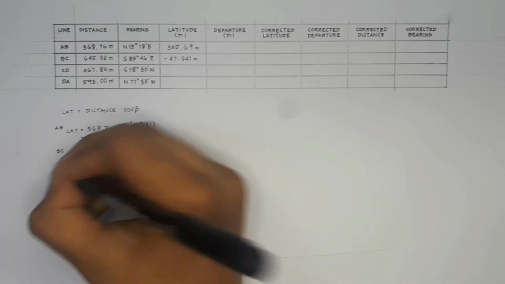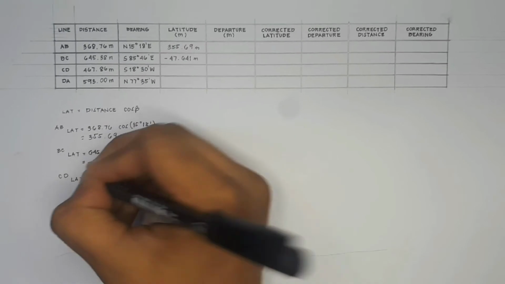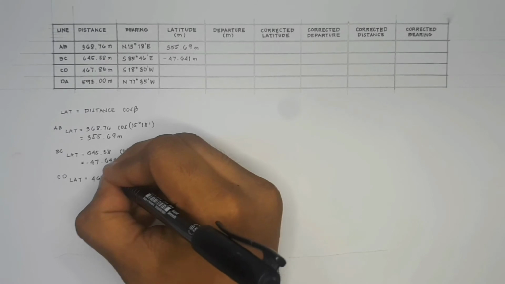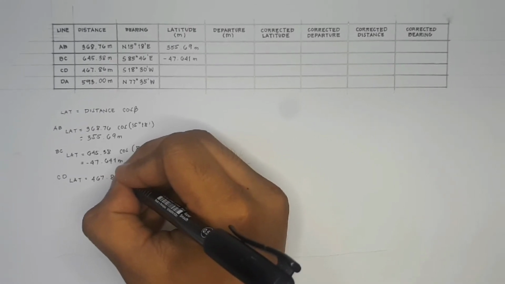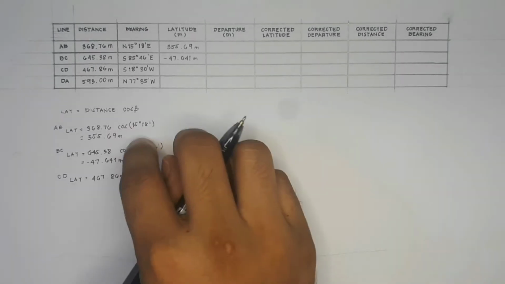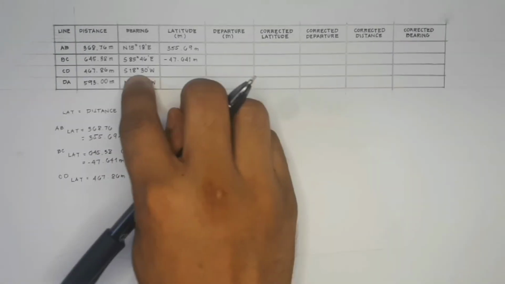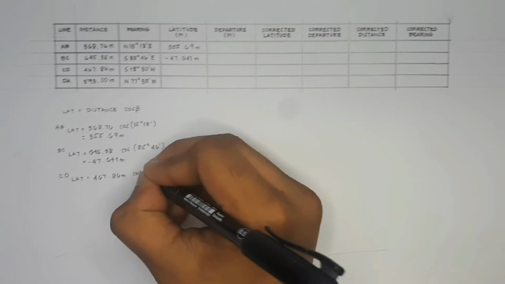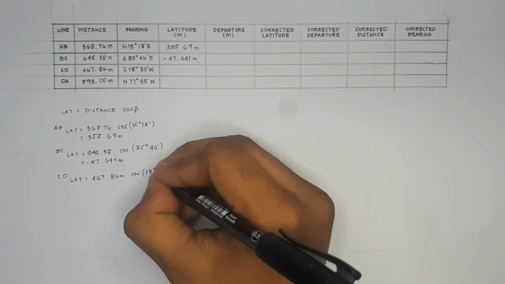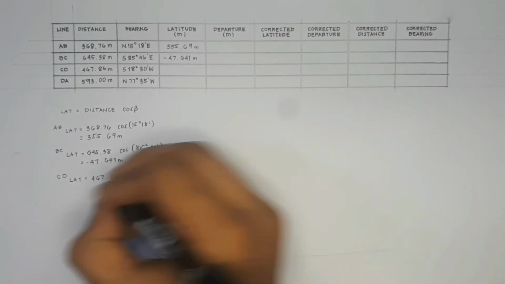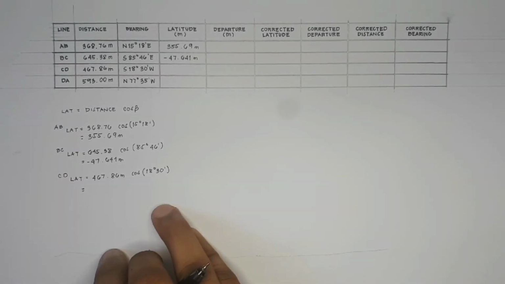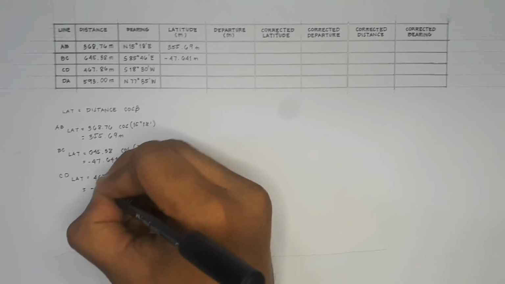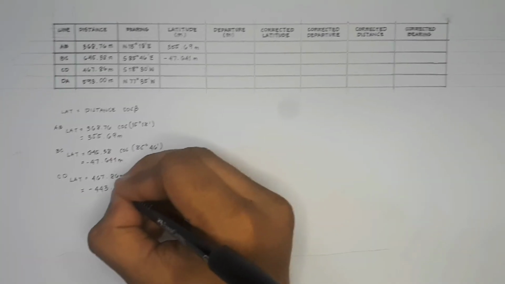Next we have line CD. So the latitude is equal to the distance, which is 467.86 meters, times the cosine of the bearing angle, so cosine 18 degrees 30 minutes, and this will give us negative 443.683.